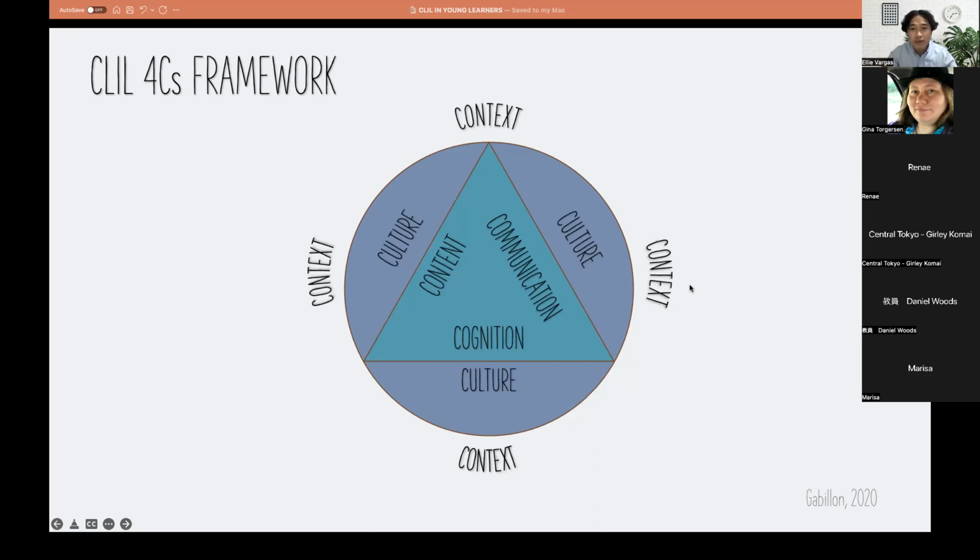And I think this is very important, especially in Japan. English is not a second language, it's a foreign language. So even if we want to introduce content to our students, we also have to keep in mind that they are not really proficient English speakers, and we have to do some scaffolding. We need to help them, to give them the support that they need to become confident in learning and speaking about the content.